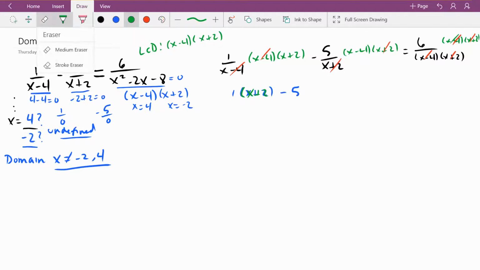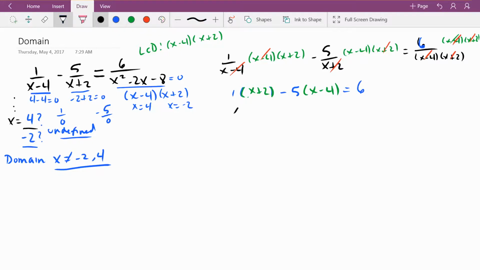Oh, now it's just ugly. Alright, x plus 2, x minus 4 equals just 6. Everything over here canceled besides the 6.